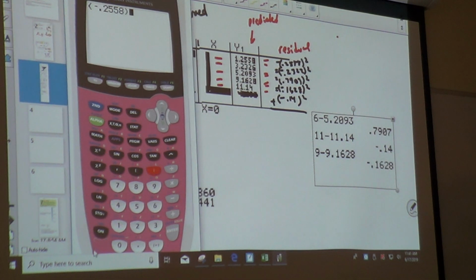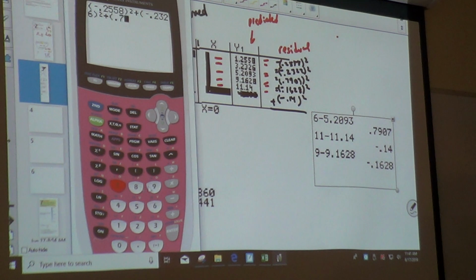Negative 0.2558 squared plus negative 0.2326 squared. We only have one more part after this.